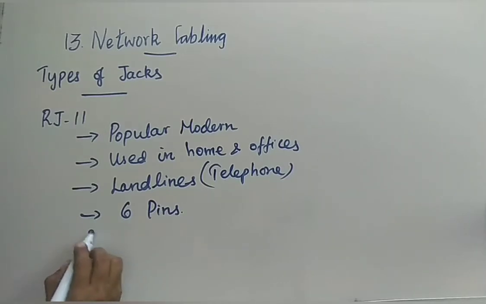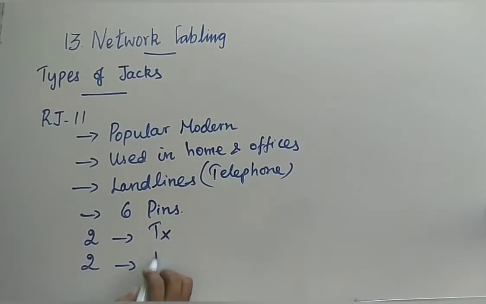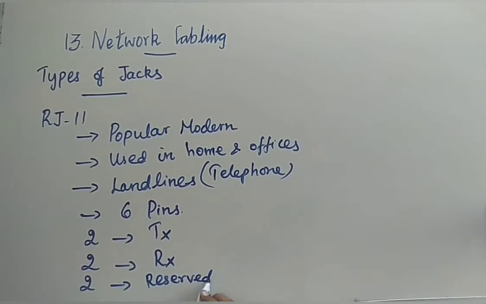In that, 2 pins are for transmission, 2 pins are for receiving, and the remaining 2 are reserved. The pins will already be configured, already programmed for transmitting and receiving.